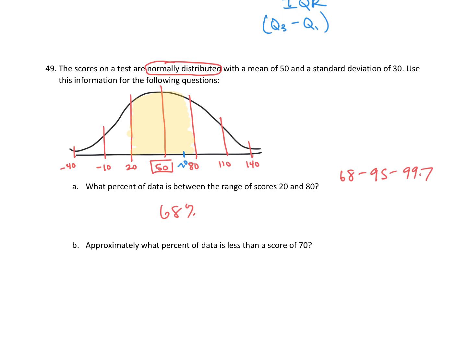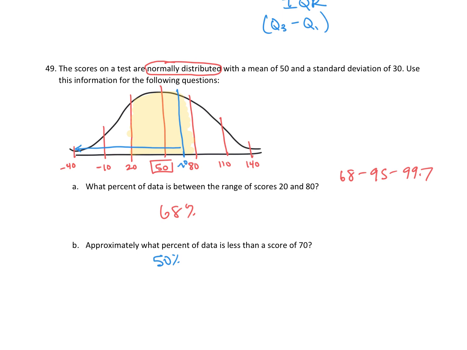So what percent of the data is less than that? So if I were to cut that off at 70, I want to know what percent of the data is below that 70. Well, one thing we know is that your mean is greater than 50% of the data. So this left half of the curve, that is 50%. So for sure, we're greater than 50%.